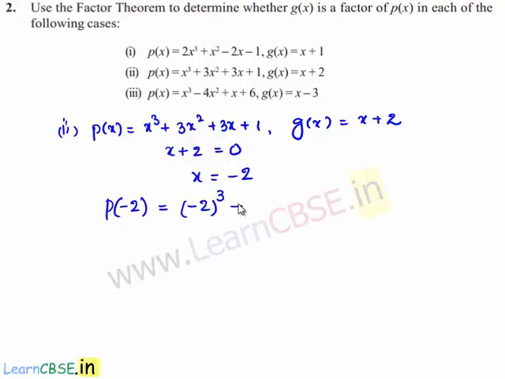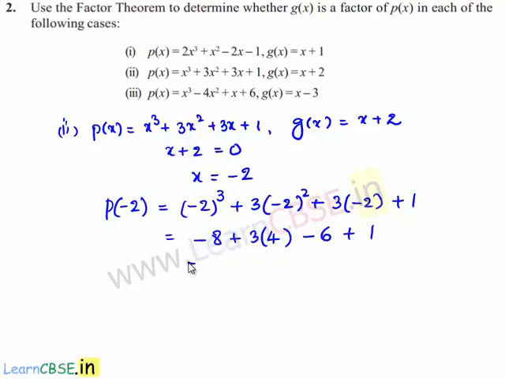2 whole cube plus 3 times of minus 2 whole square plus 3 times of minus 2 plus 1. Minus 2 whole cube is minus 8 plus 3 times of minus 2 whole square is 4 minus 6 plus 1. This is equal to minus 8 plus 12 minus 6 plus 1.